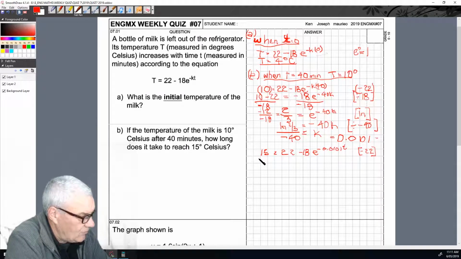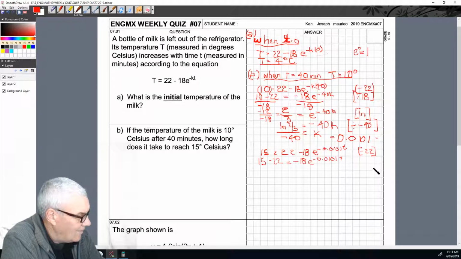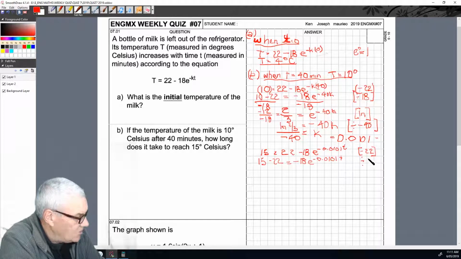And that gives us 15 minus 22 equals negative 18 e to the negative 0.0101 t, and then I'm going to divide through by 18 as we did above.